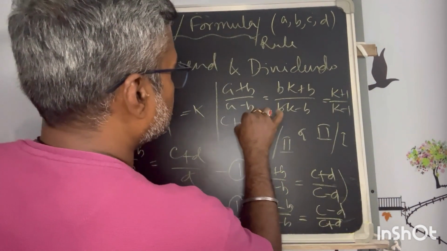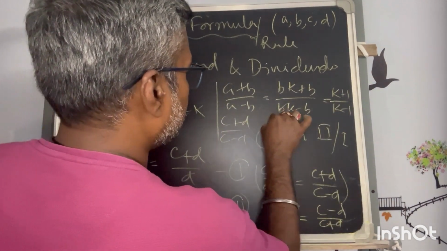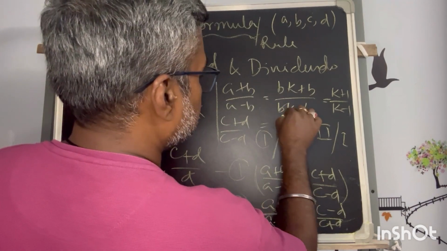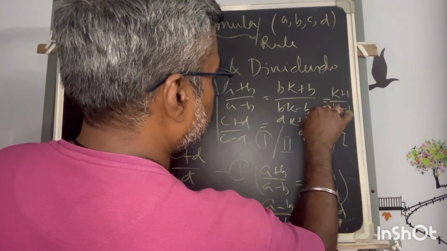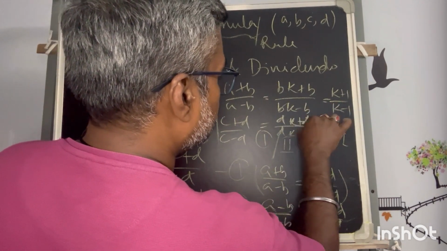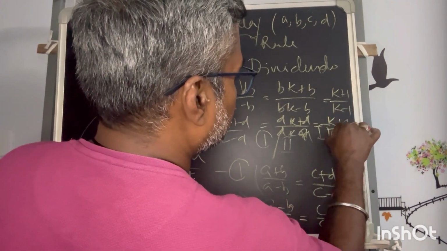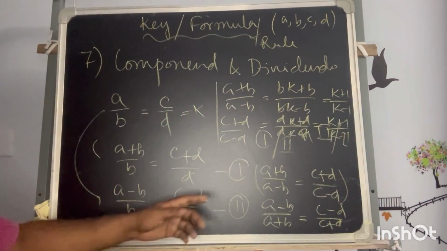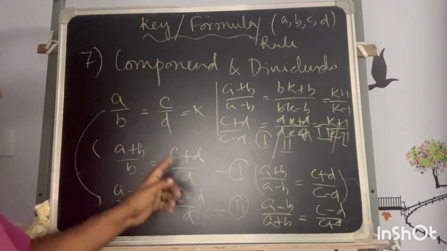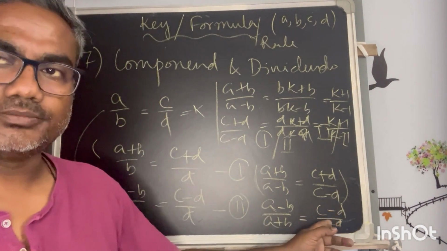And if you do it with c and d, c is equal to dk, so you get dk plus d over dk minus d, which ultimately is also k plus 1 by k minus 1. So both are the same. If this is true, that will be true.